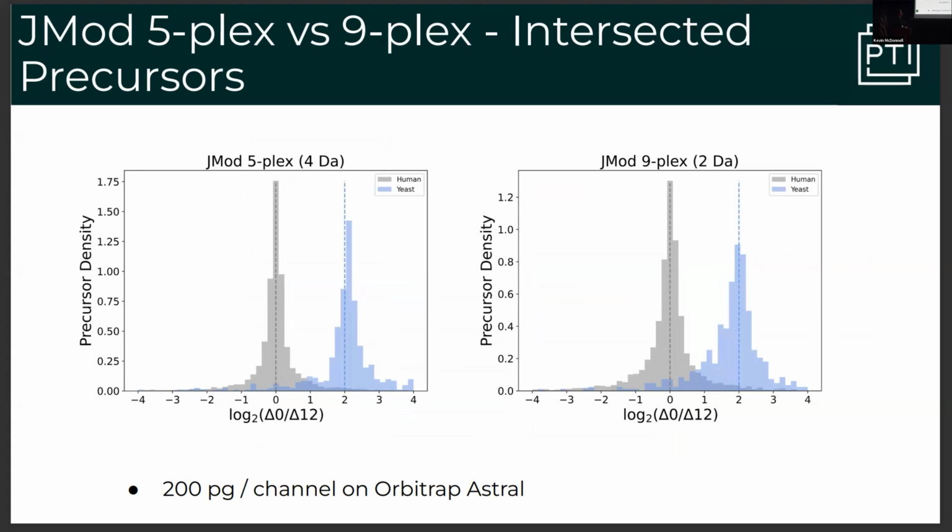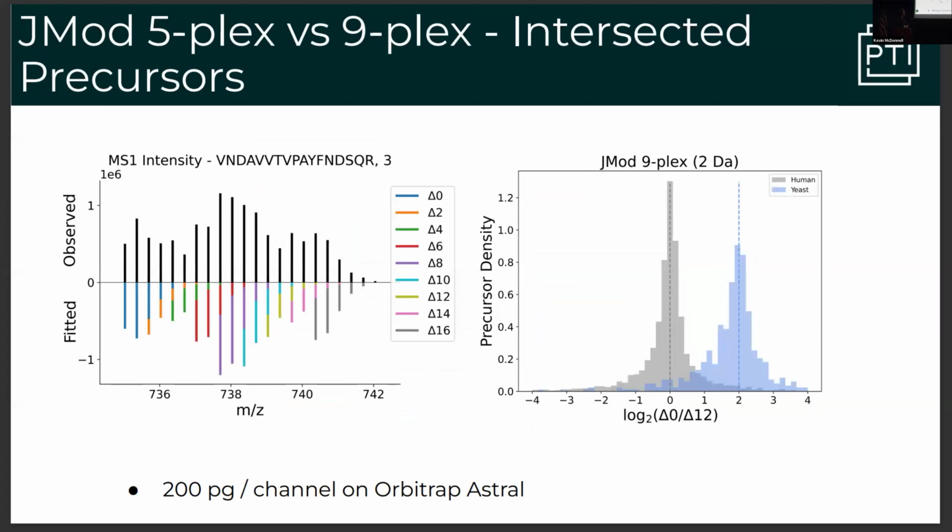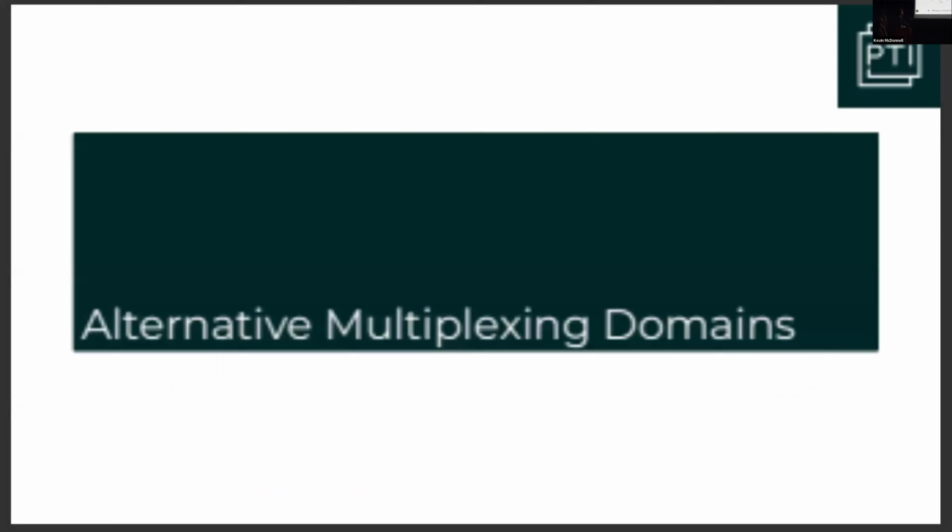It is of note that we have a slightly wider spread for the 9-plex data, but this is still very accurate quantitation with a tight distribution around the expected amount. And this is despite, as I said, quantitation coming from this delta 12 channel, which for the monoisotopic peak has very little signal attributed versus the delta 0. And so we're still able to maintain that quantitative accuracy.